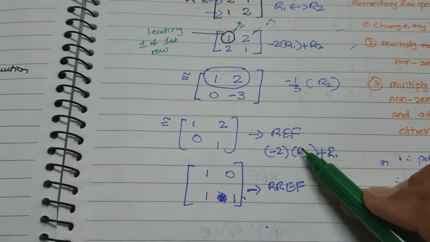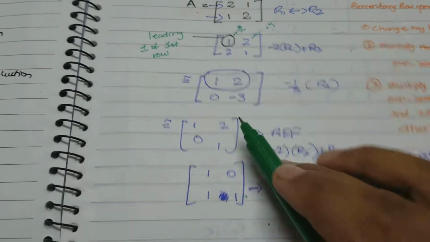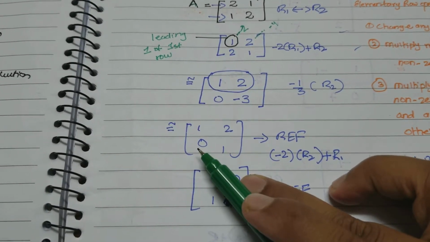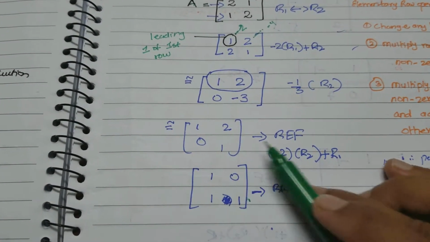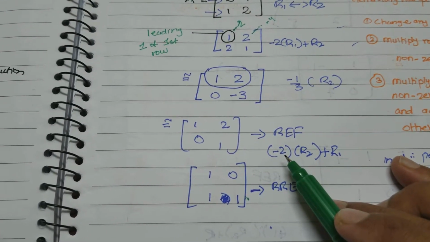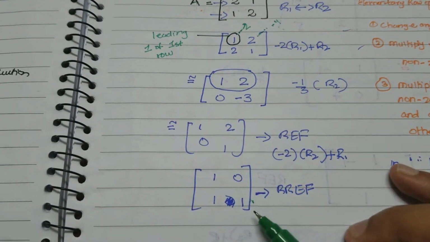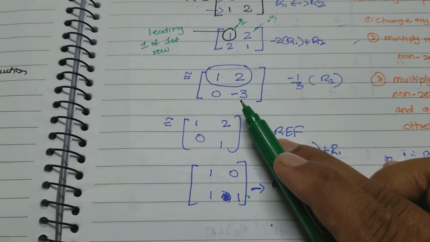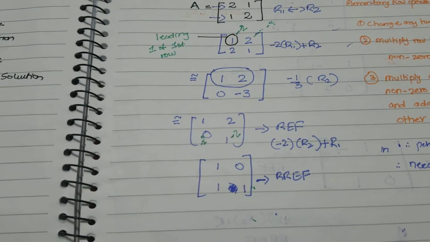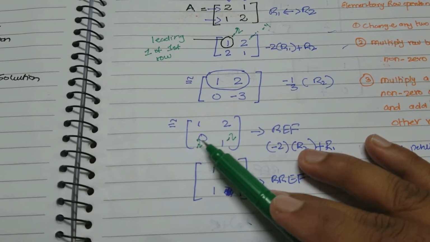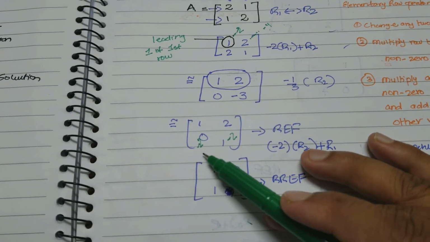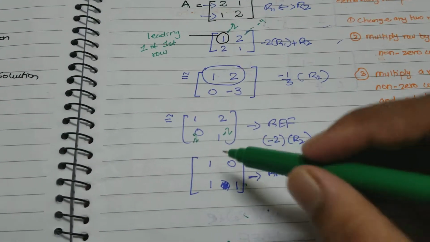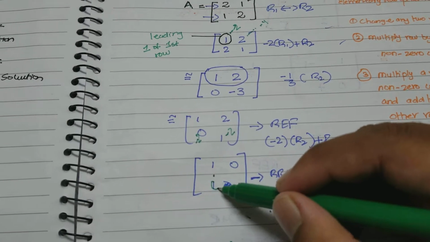Negative 2 multiplied by 0 is 0, so this thing becomes 0 over here.